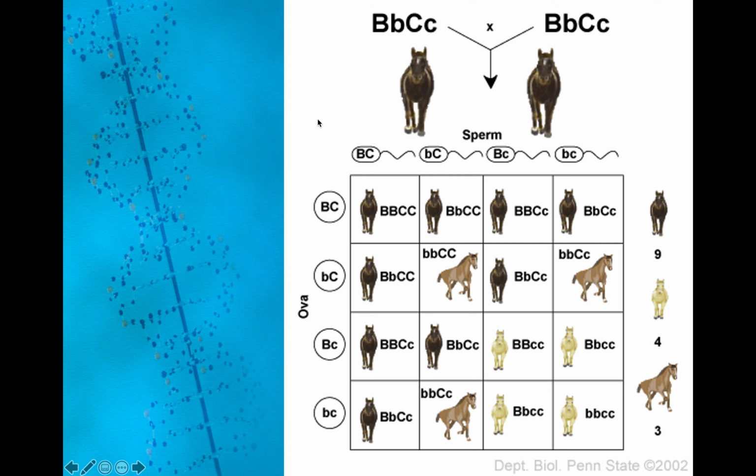Another thing you can do with these Punnett squares is you can have incomplete and codominance. And so when you do that, you're going to have a wide variety of results. So let's just say it was like B's and W's. If we had a BB, that might be like black. BW might be silver. So like if this were a BW and this were a BW, that would be silver. And lowercase b might be like white.